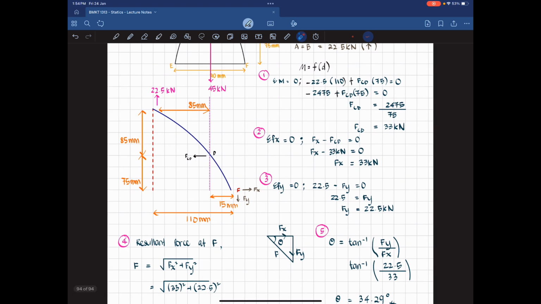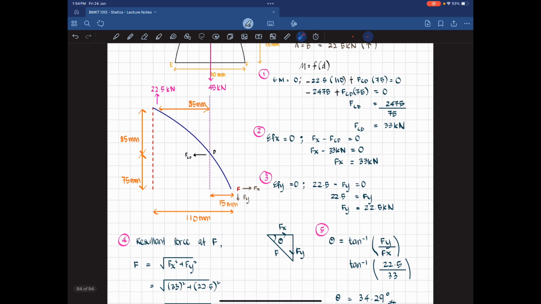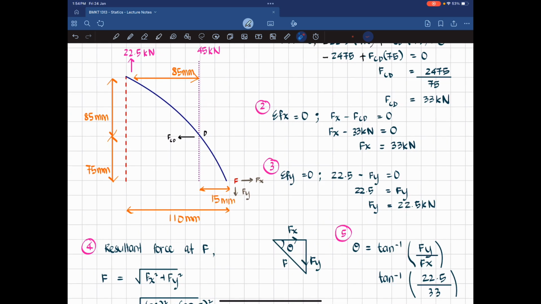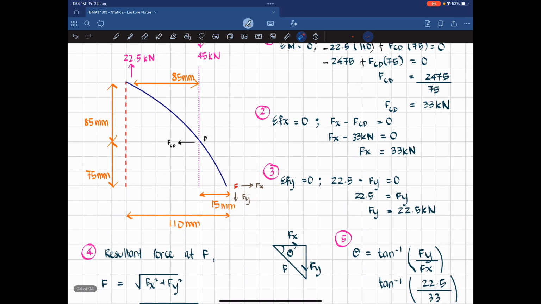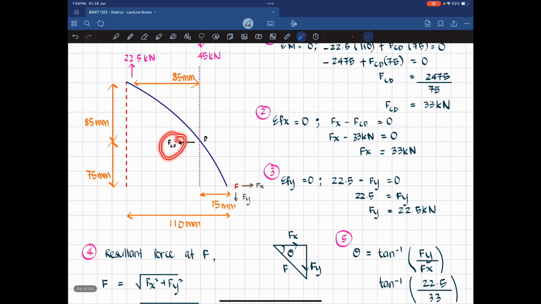For the second step, we find the sum of Fx equals 0. Here we have Fx and FCD.